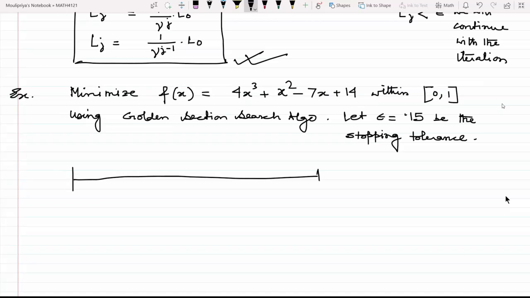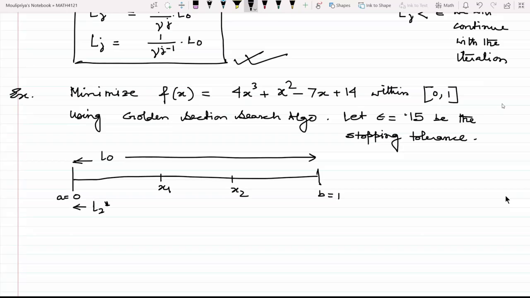This is my L0. This is 0, this is 1. This is x1 and this is x2. This distance is L2 star, and this distance is also L2 star.